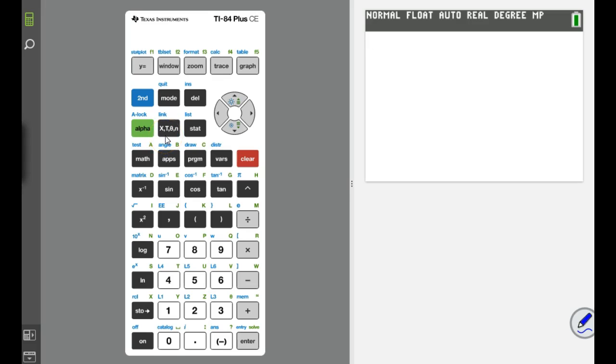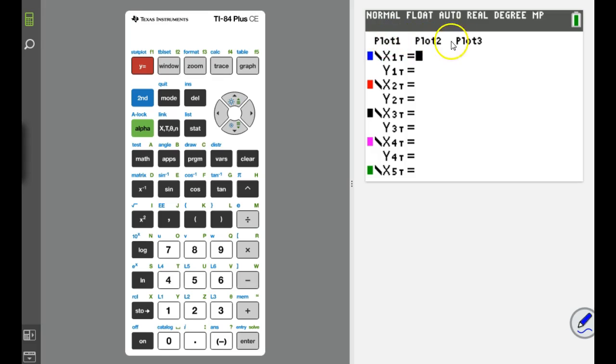In parametric mode, you get the T. In polar mode, you get the theta, and in sequential mode, you get the N. So right now, if you hit the Y equals key, make sure that none of your plots are on. Make sure you don't have any dark boxes up there from taking the quiz last week, because that will mess up everything.